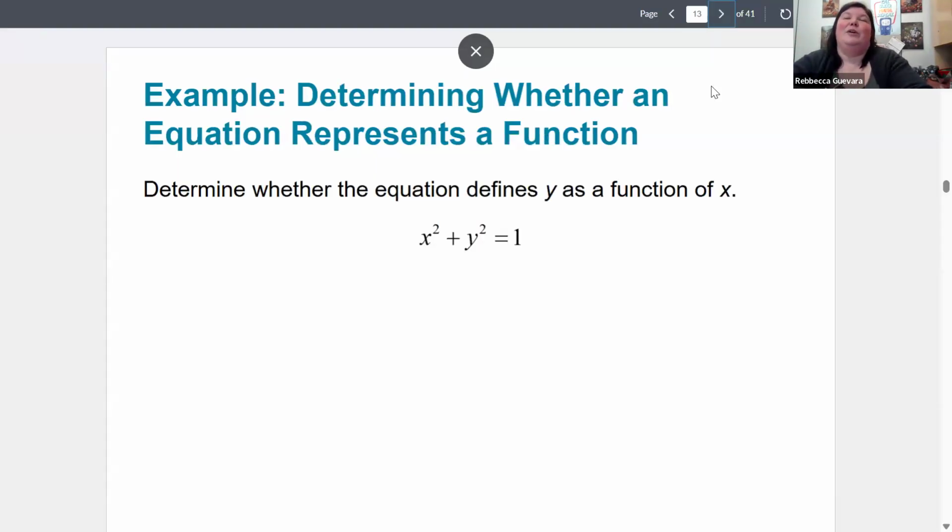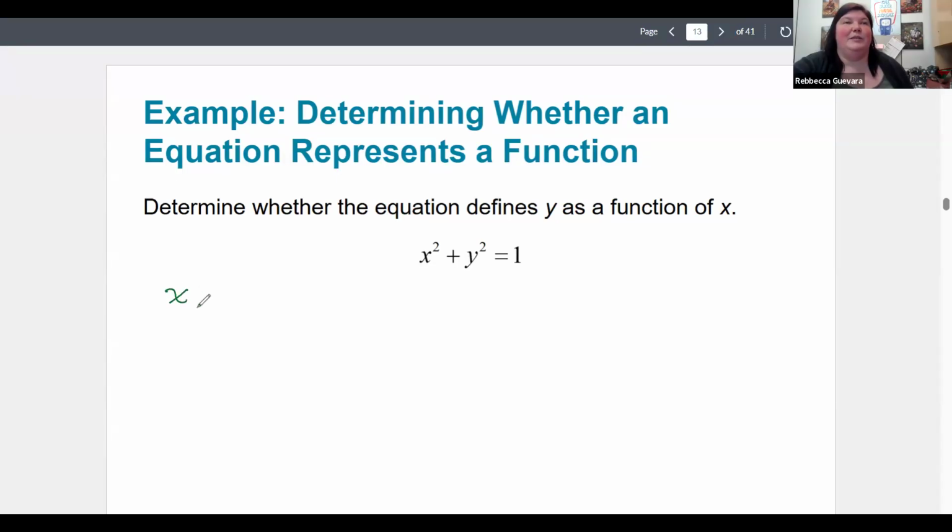To determine whether the equation defines y as a function of x, what we need to do is pick some sort of value for x and see what I get for y. So let's say x is 0.